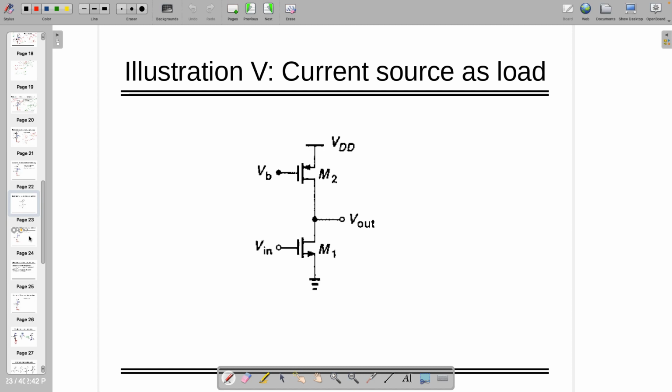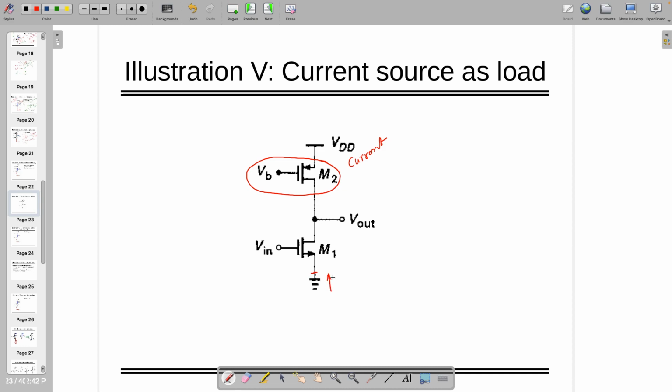Now let's assume that this is a current source. You know that in this configuration, where the gate is connected to DC bias or the source is connected to AC ground, this generally makes the transistor a current source load, right? So now tell me the gain without channel length modulation.